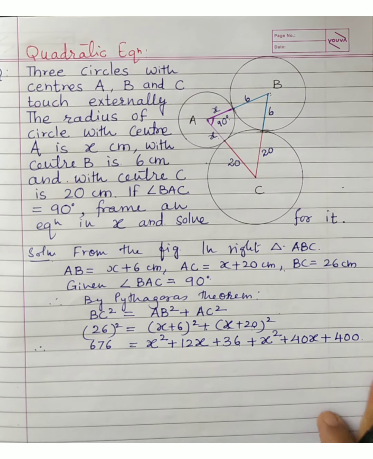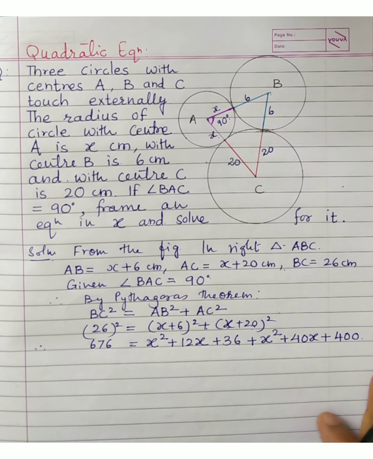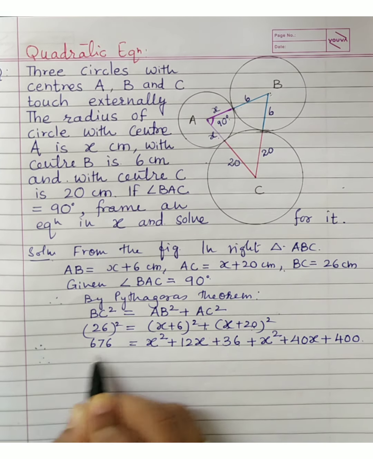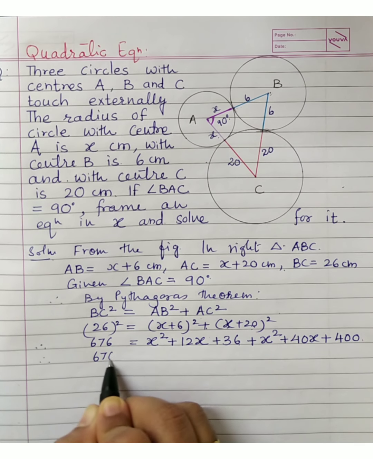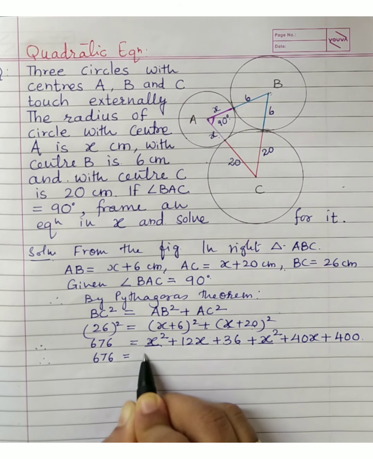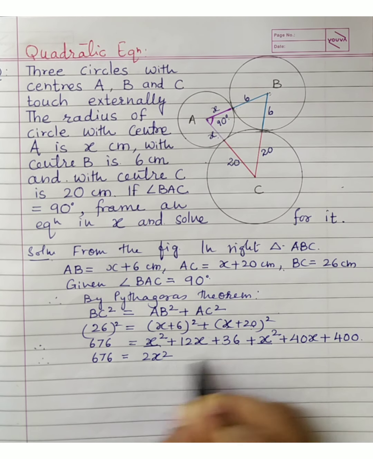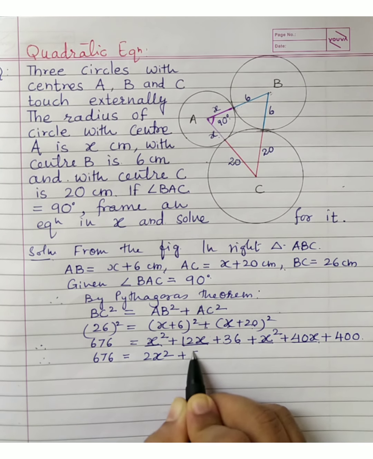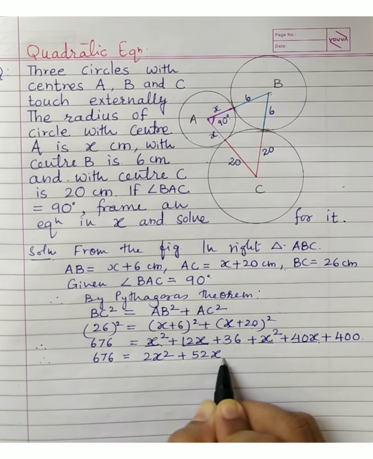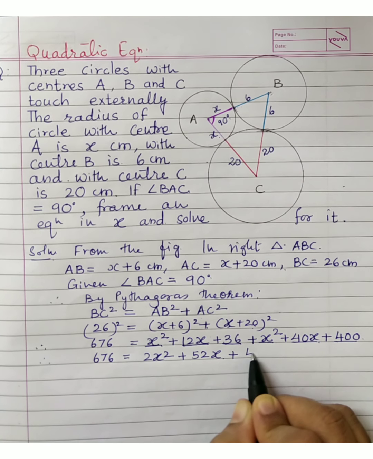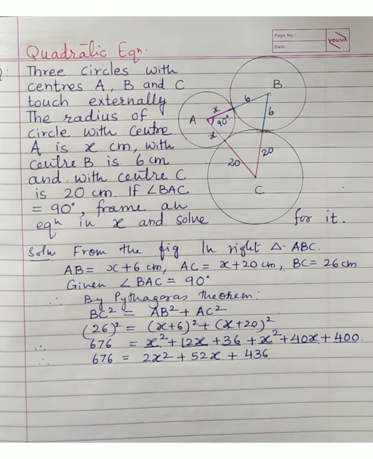Be very careful, go slow with proper understanding and don't make any mistake. Now simplify it. 676 equals x square plus x square, 2x square, 12 plus 40x, plus 52x, 36 plus 400, 436, right?